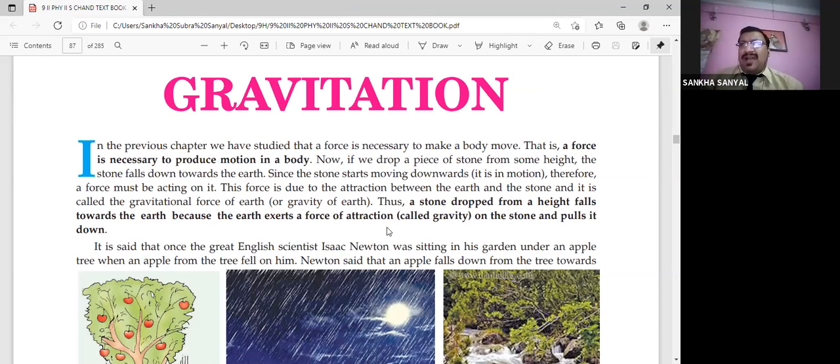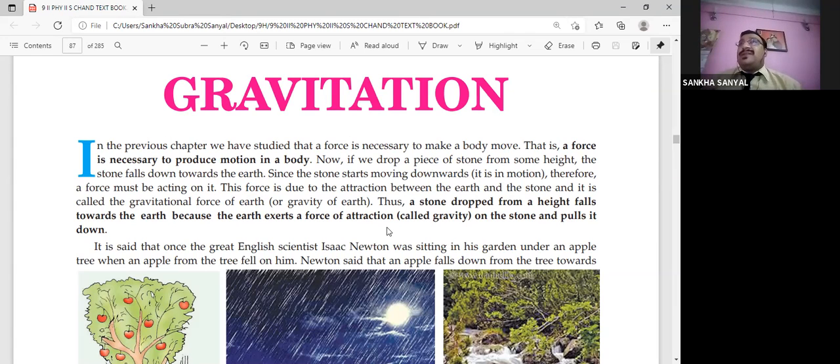Has it ever happened with you that it went upwards? No, never. Similarly, if I throw something upward, you will find that after reaching a particular height, it turns back and moves towards the ground. Well, when it is thrown up, the force with which you are throwing it up will take it to a particular distance, and the velocity will go on decreasing.